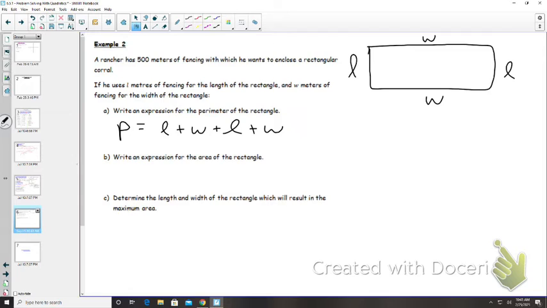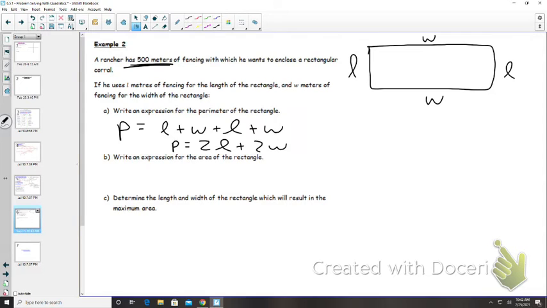Careful, not squared. How many L's are here? 2, so 2L plus 2W. Okay, write an expression for the perimeter of the rectangle. Good.